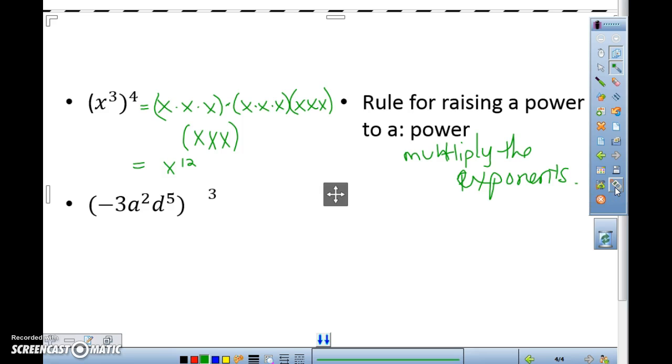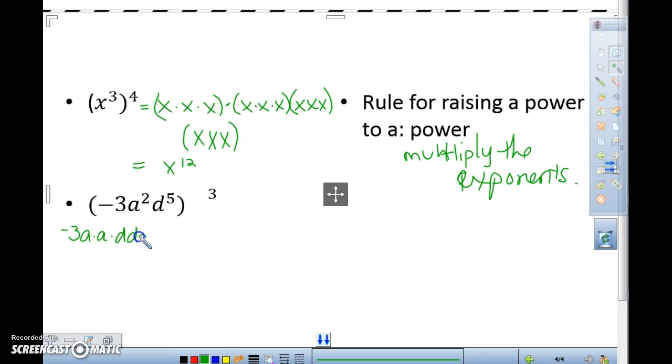All right, so let's look at the more complicated one, if you would. If I were to write this out, I'm going to have to write this entire thing out 3 different times. So I have negative 3 to the 3rd power.